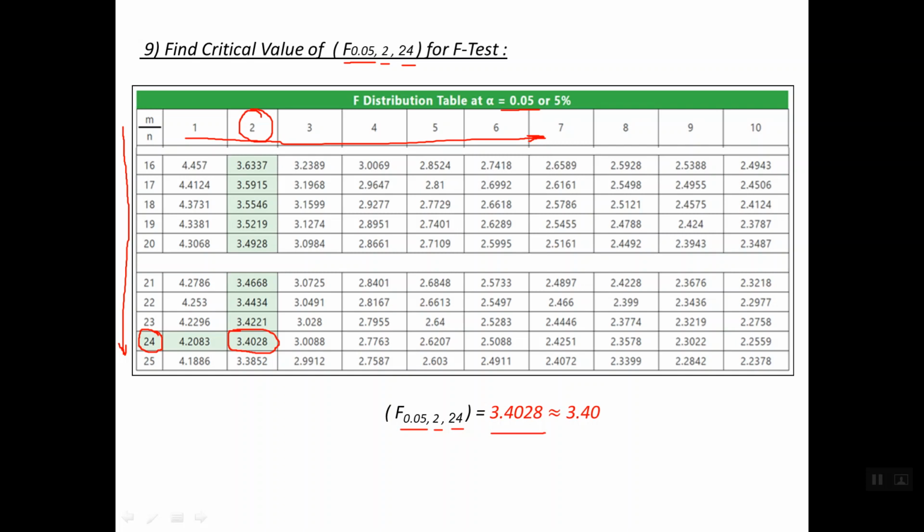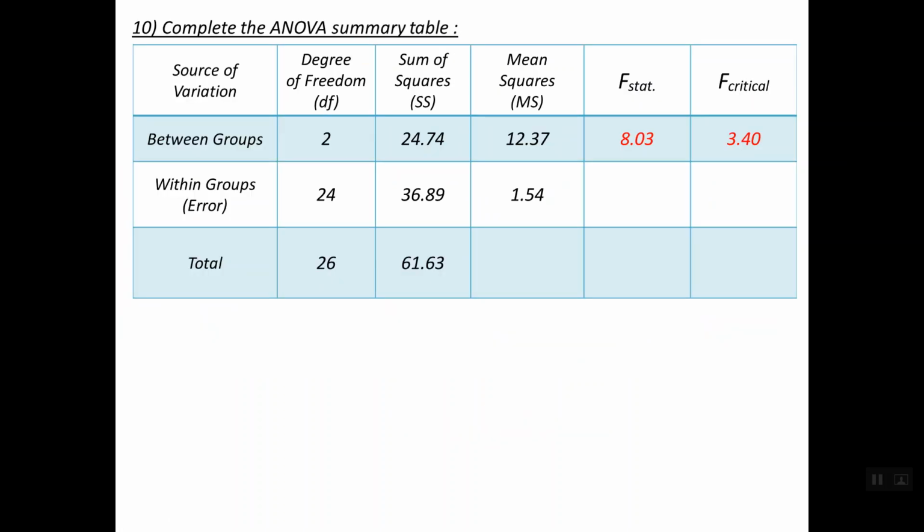And if we round this to 2 decimal points, we get 3.40. So this is the way to determine the critical value of F. We use the F distribution table. Now we fill the last value needed to complete all the contents for the one-way ANOVA table.